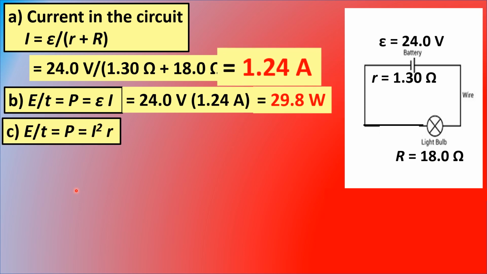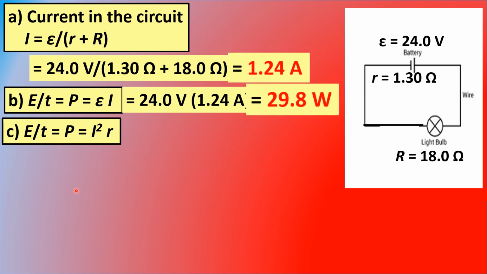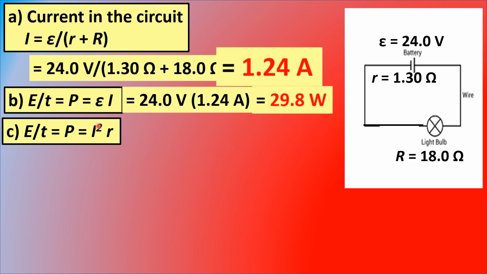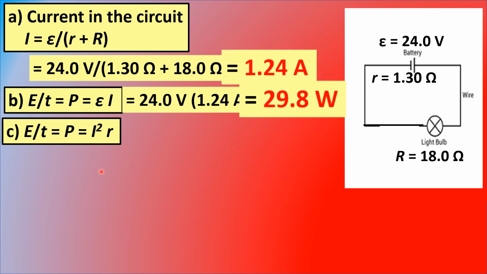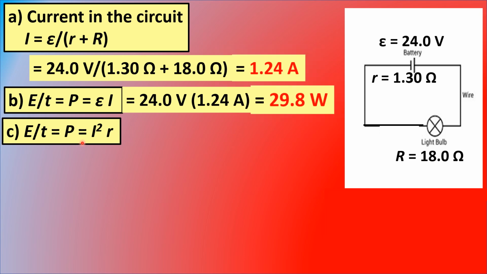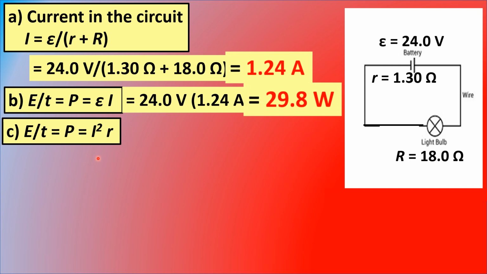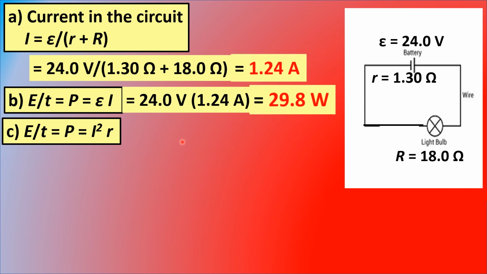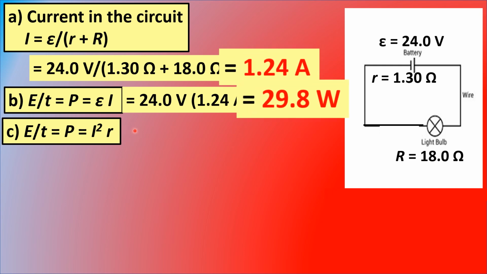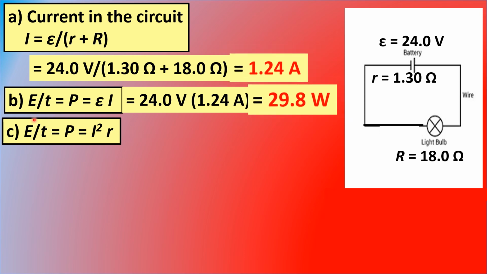Question letter C is asking for the rate of energy dissipation in the battery. That is also a measure of the power P, but it's now going to be the product of the square of the current in the circuit multiplied by the internal resistance of the battery, small r.